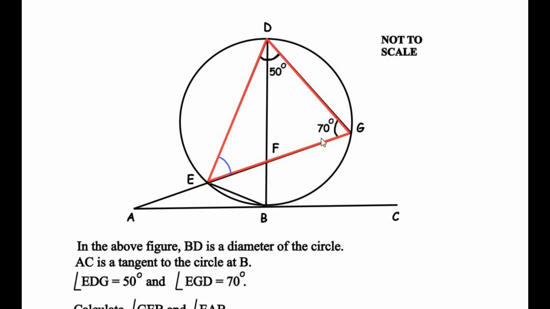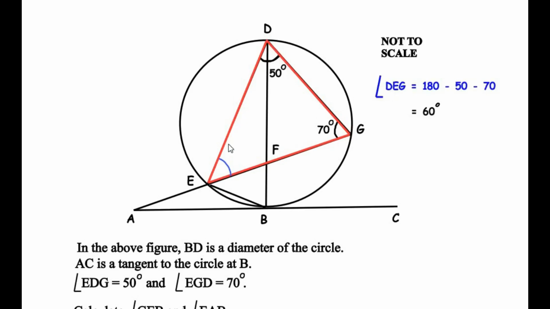So to find out the angle DEG, we are going to subtract these two angles from 180 degree. So we have written here angle DEG is equal to 180 degree, that is the total angle, minus angle D which is 50 degree minus angle G which is 70 degree. Now this will give us the value of angle DEG as 60 degree. So let us write here 60 degree.